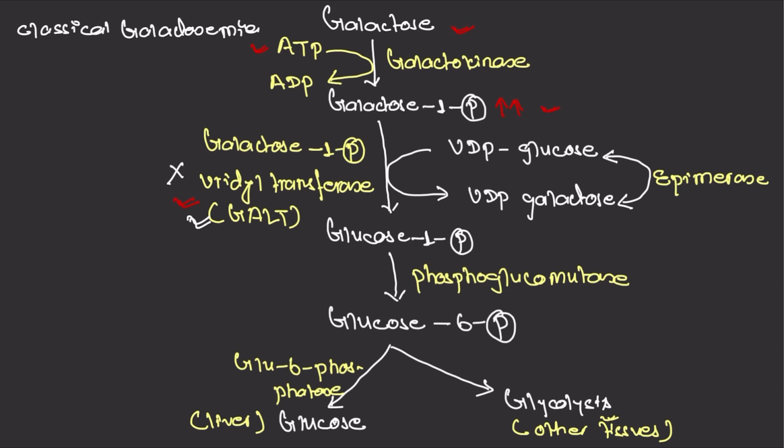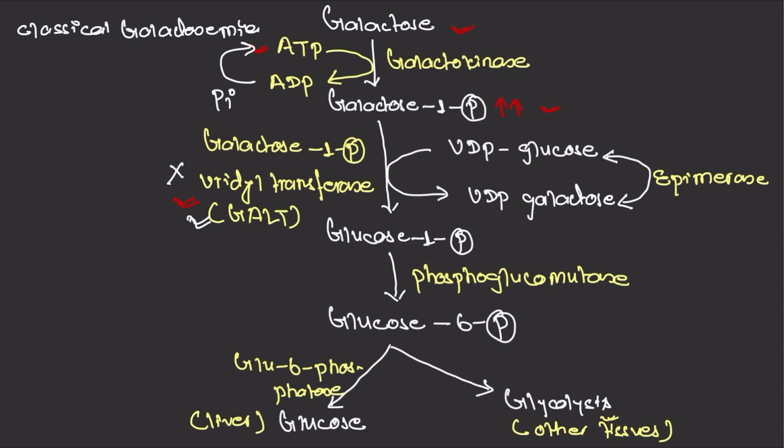Now the reactions that need inorganic phosphate will be interrupted. If you want to synthesize ATP from ADP, then definitely you need inorganic phosphate, and the name of the enzyme is ATP synthase.